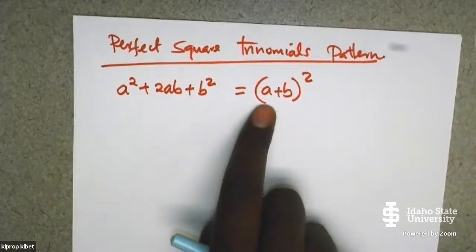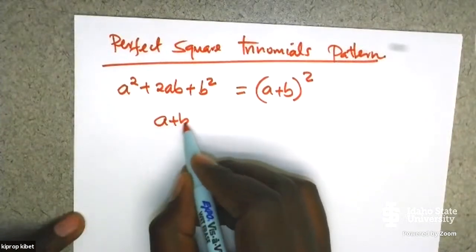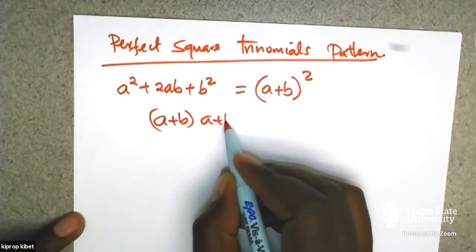Because when you square this, it is the same as a plus b times a plus b.